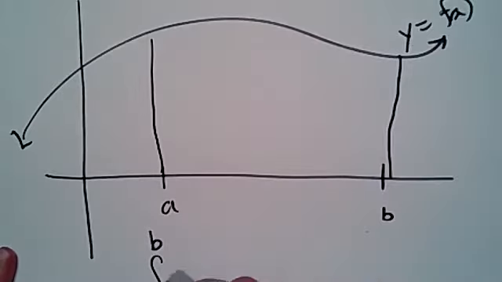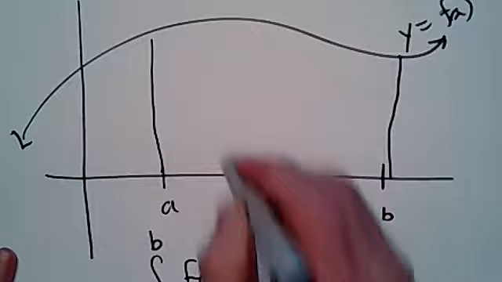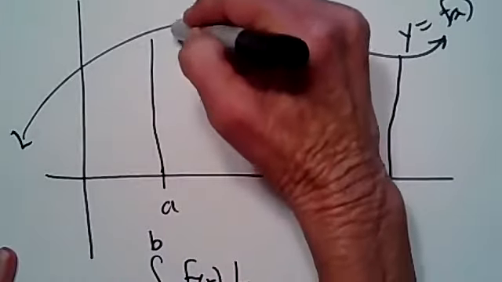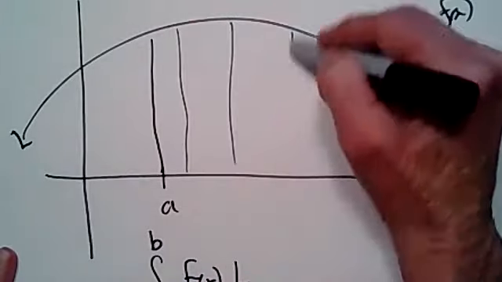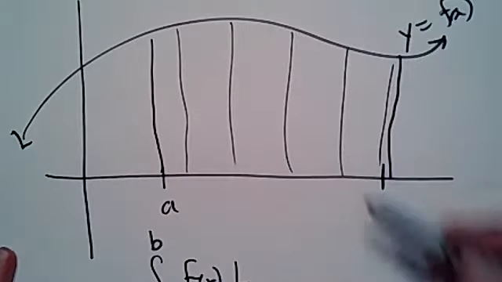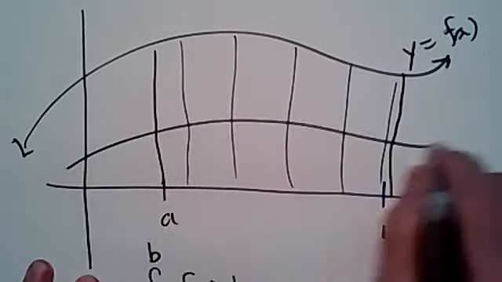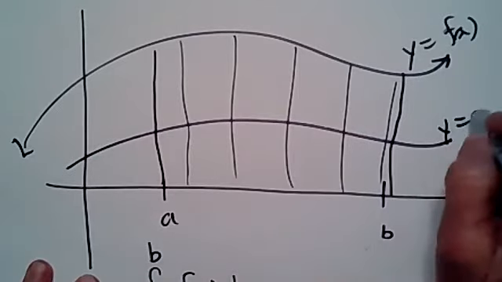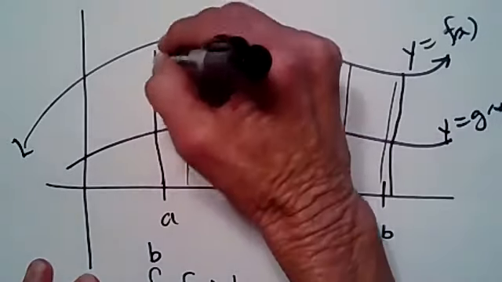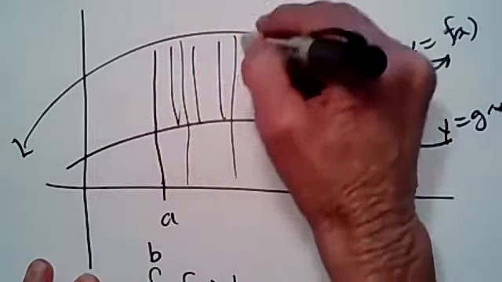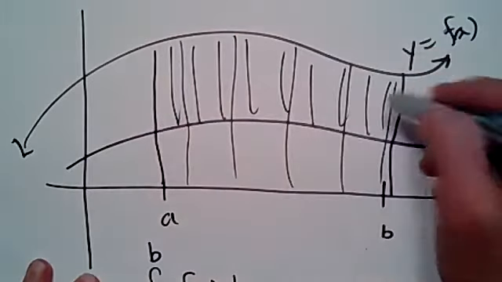We found the area from the function to the x-axis. And now we're going to have another curve, g of x. What we're interested in is finding this area in between the two curves.